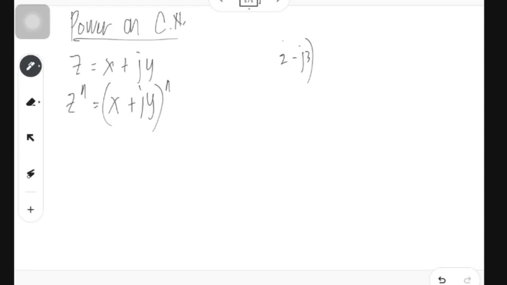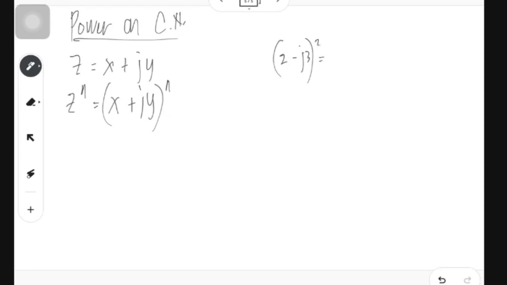That is, given z equal to x plus or minus jy. Then we are interested in z to the n. That is x plus jy, the quantity raised to n. Halimbawa, ganito. Given 2 minus j3, the quantity squared.